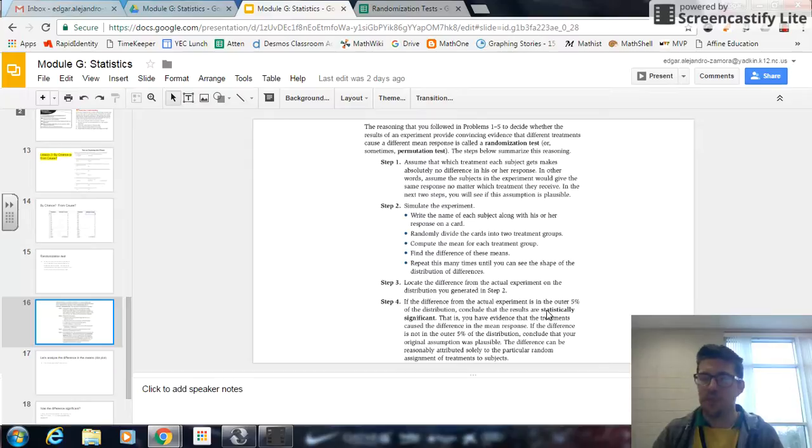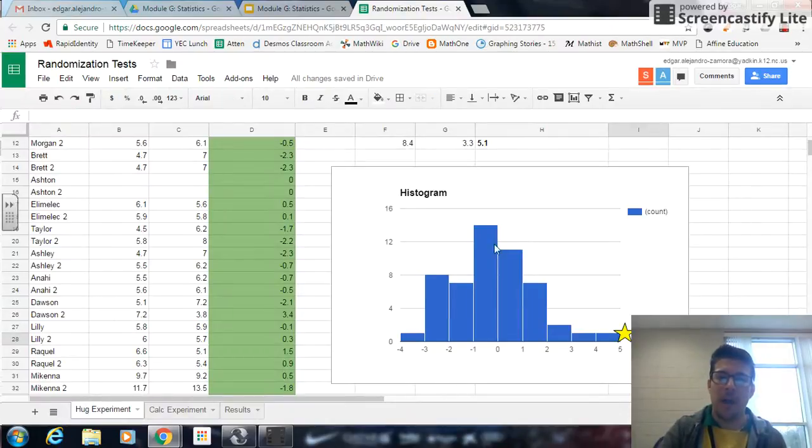We proved this with simulations. So it's very important that you understand how this histogram or the dot plot shows all of your randomization tests, and how your star right here shows your actual experimental data, and it shows, hey, look, it really was special what happened. It really was due to the hugs. It wasn't by chance, because this is what happens by chance, the rest. This was not by chance. This was from cause. So anyway, that's a randomization test.